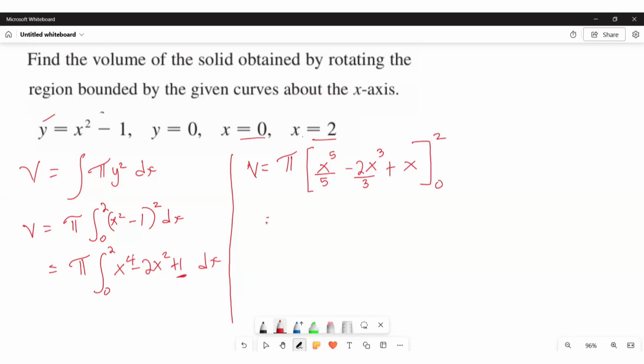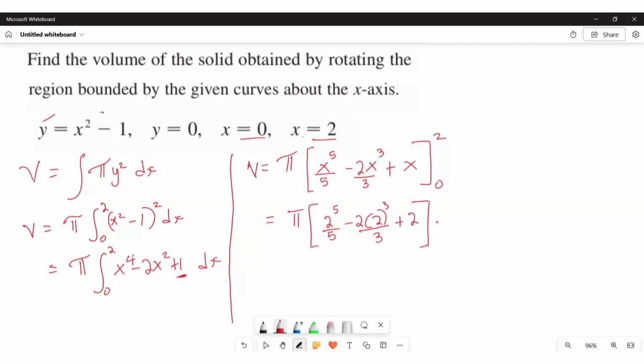And then we're taking this from 0 all the way to 2. What does this mean? It simply means that we're going to start substituting now. We're going to plug in our upper limit first. So in this case, we're going to have 2 raised to the fifth power over 5 minus 2 times 2 raised to the third over 3 plus 2. All right?